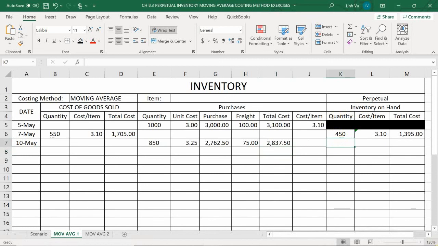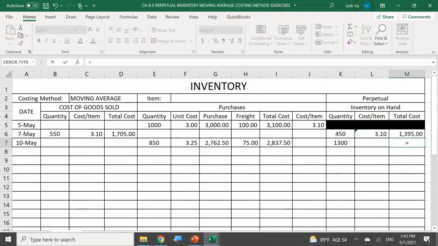So this is where we're going to update our inventory right here, because now I no longer have 450 items anymore. I have an additional 850, bringing me to a total of 1,300 units. Same thing I'm going to do here in my total cost.